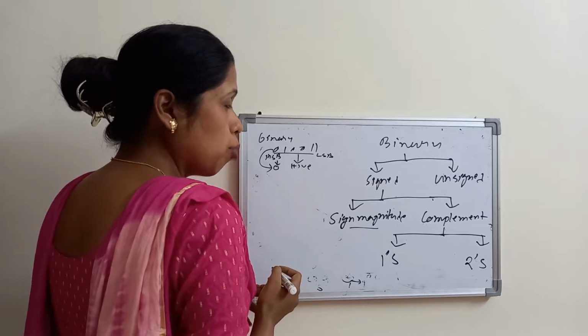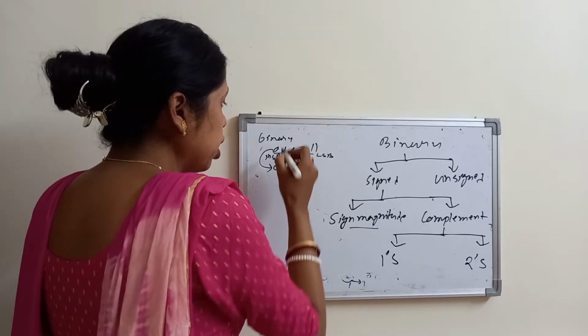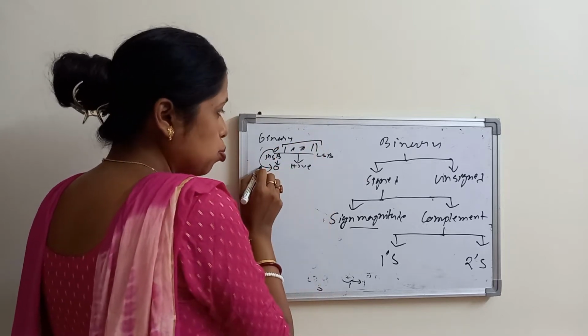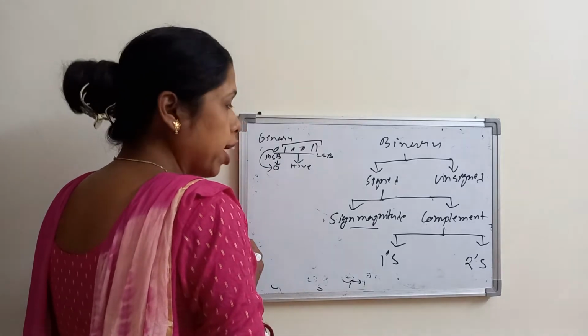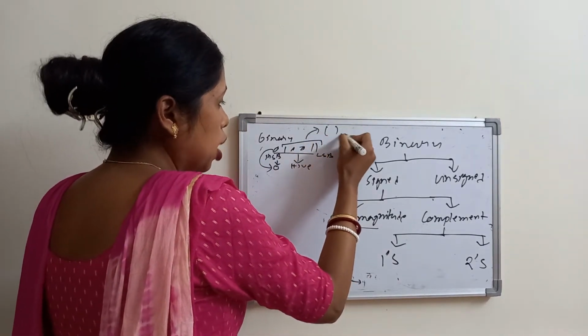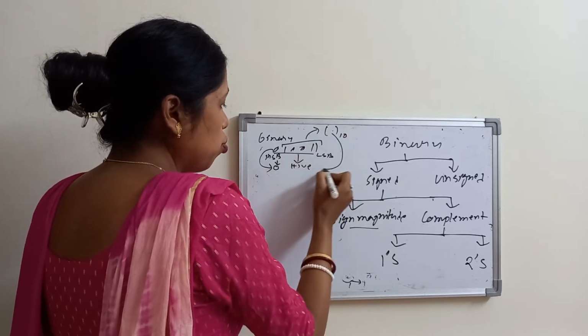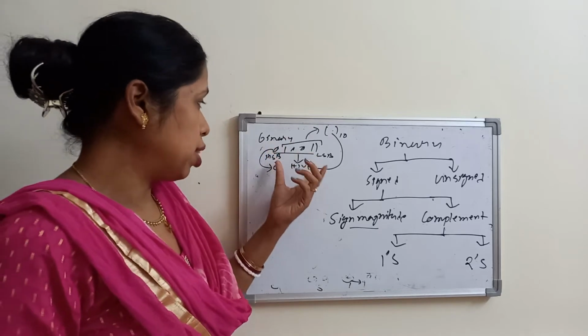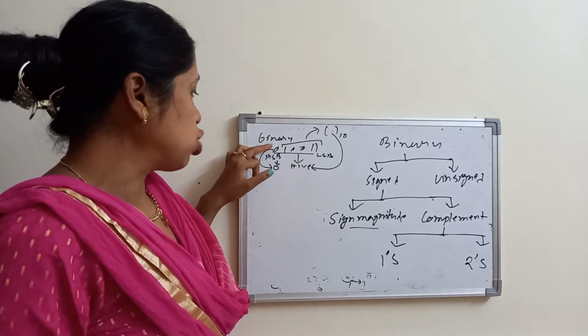What is the magnitude of that binary number? For that, I just take the rest of the number except the MSB and convert it into a decimal number. That is the magnitude of this positive number. Again I am repeating, if any binary number is there, first you have to check the MSB.